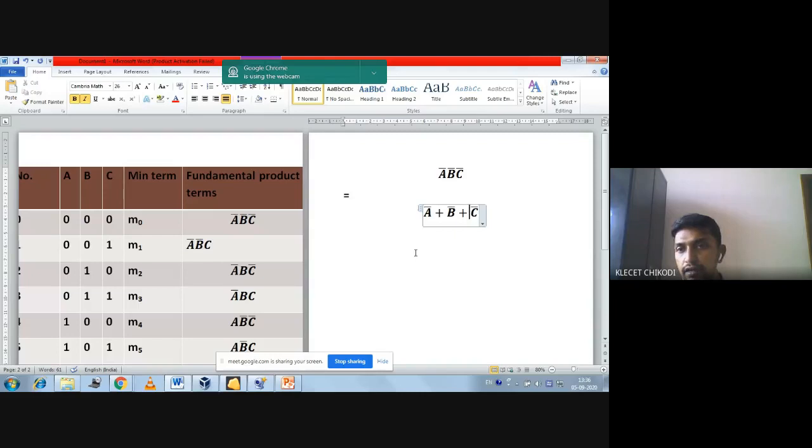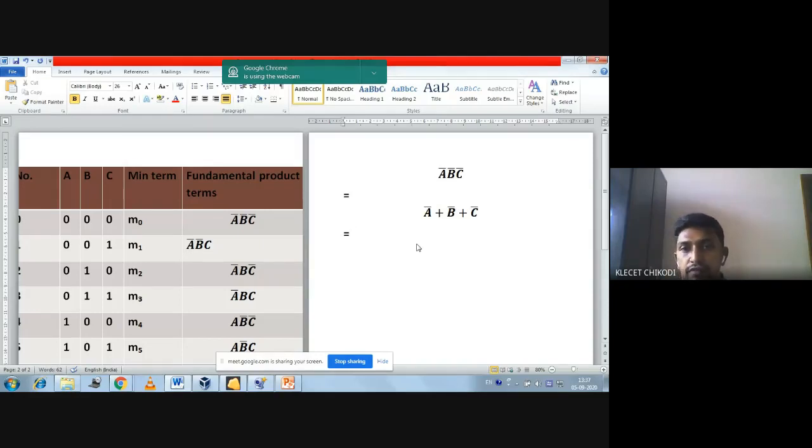Is that clear? To make a POS term, I take the same SOP term, A bar, B bar, C bar. First I apply the duality property, and after that you take the complement of the individual literals.